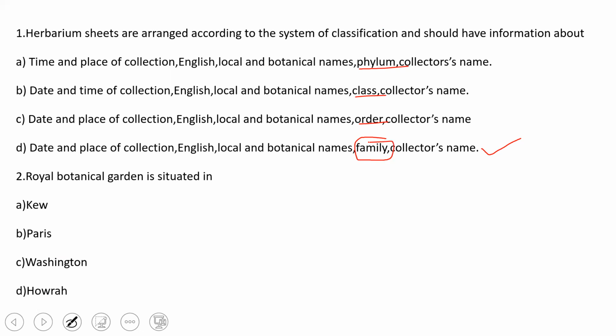Next, Royal Botanical Garden, or nothing but the botanical garden. The most important, famous botanical garden, which is present in England, is located in Kew, right? So it is located in Kew, which is called the Royal Botanical Garden. In the Royal Botanical Garden, there is a separate section for herbarium.